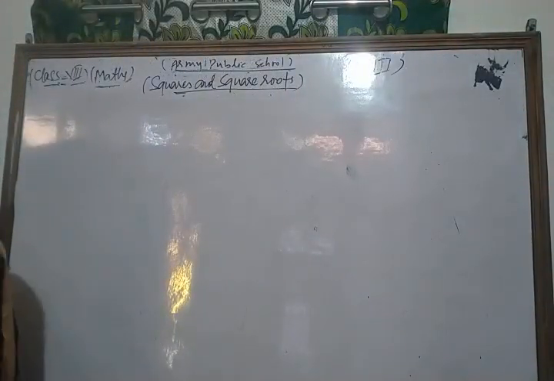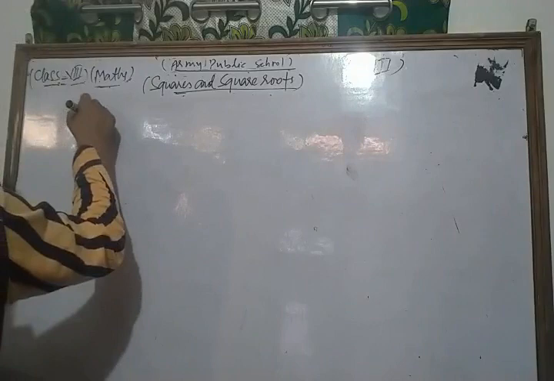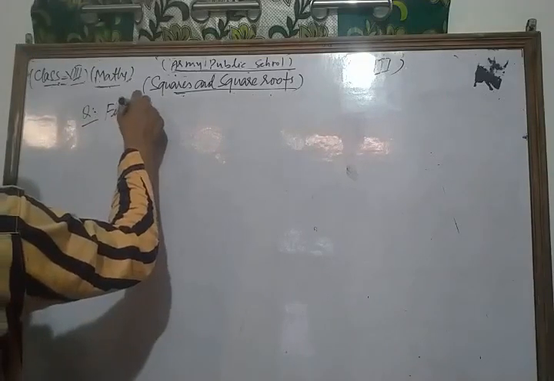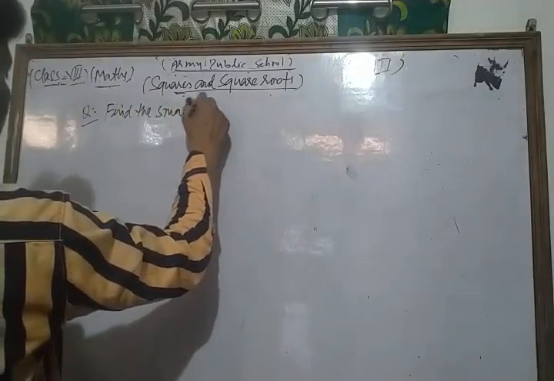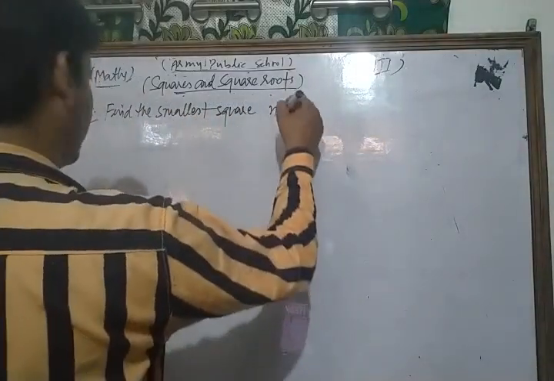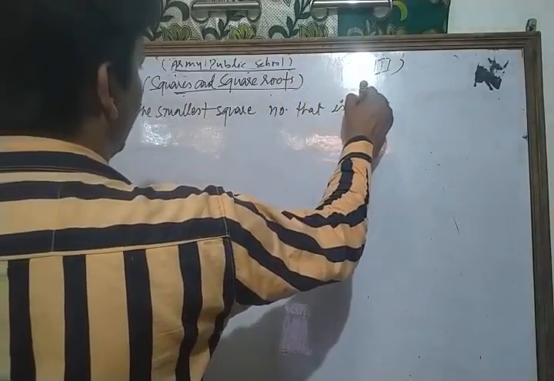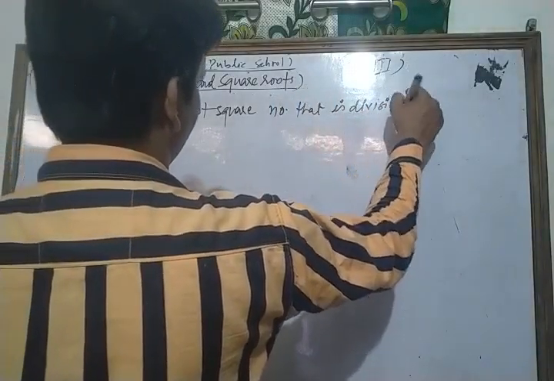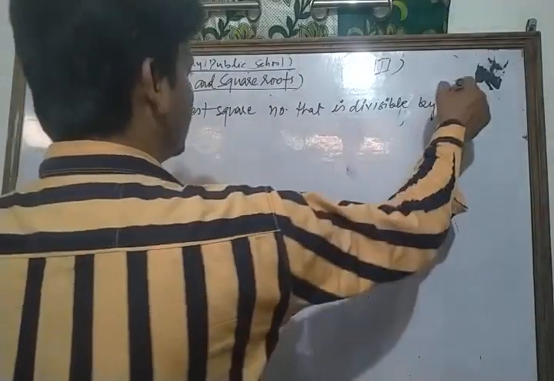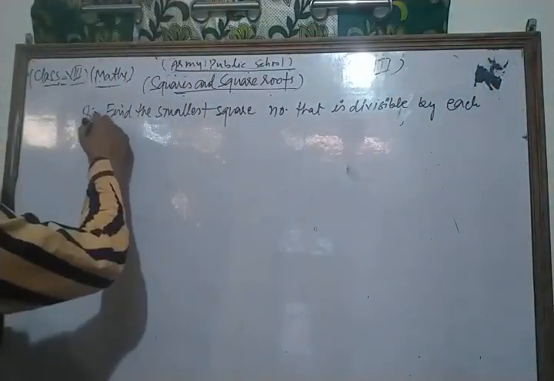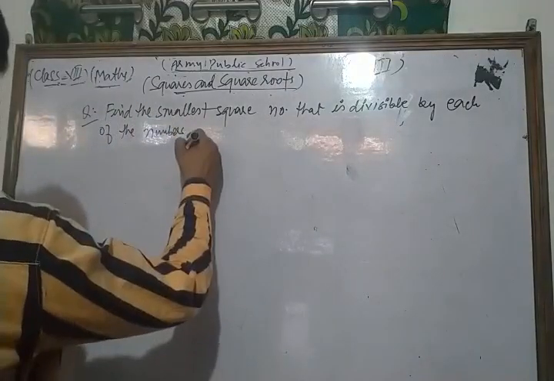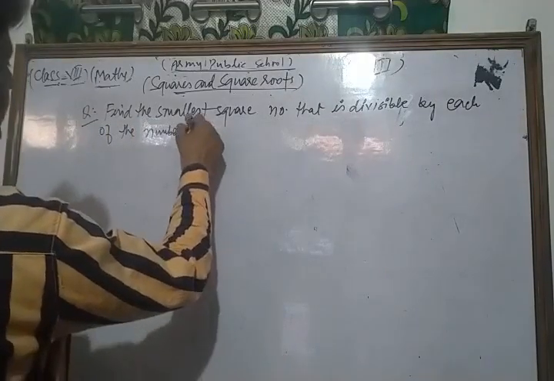Now we take and solve some other important question of your NCERT exercise based on this topic, and your question is: find the smallest square number that is divisible by each of the numbers 18, 15 and 20.